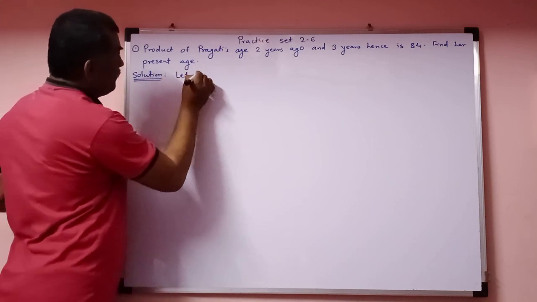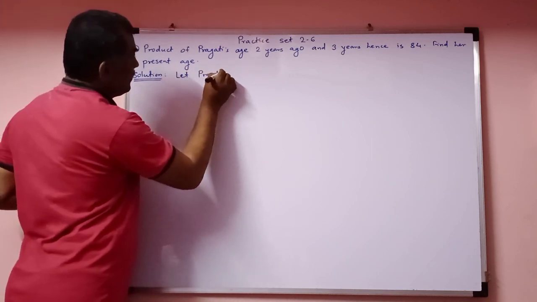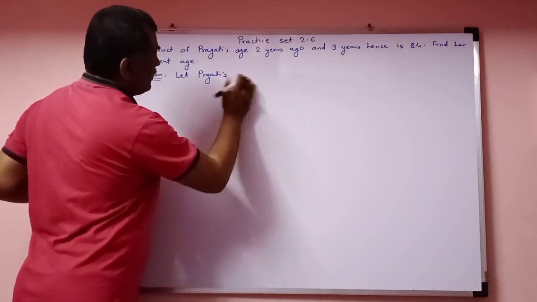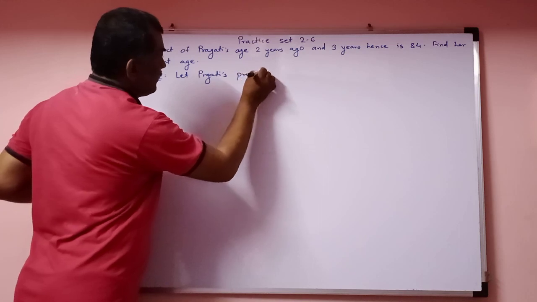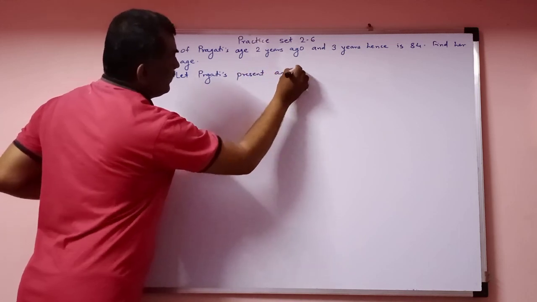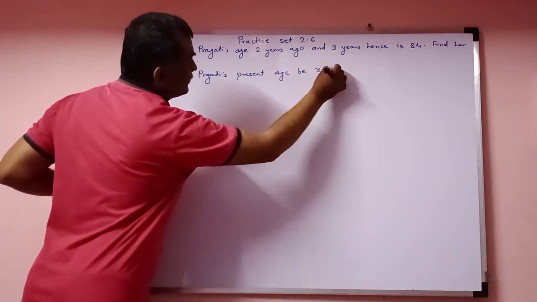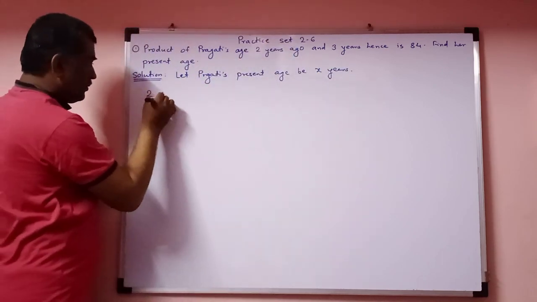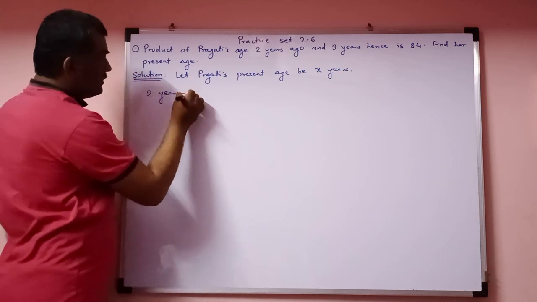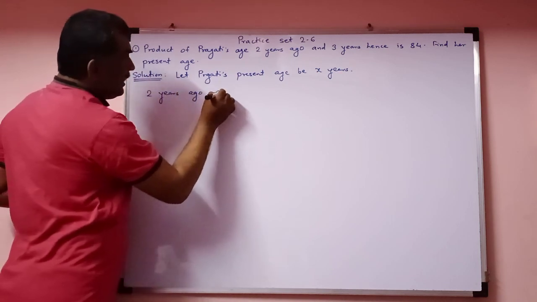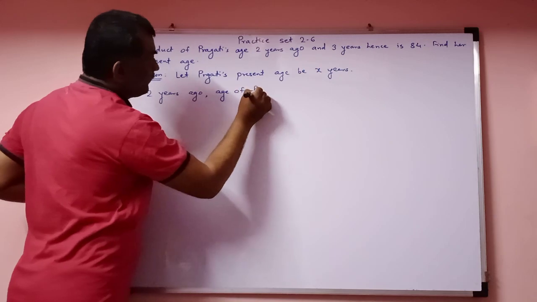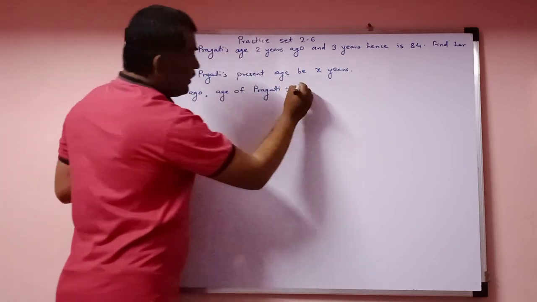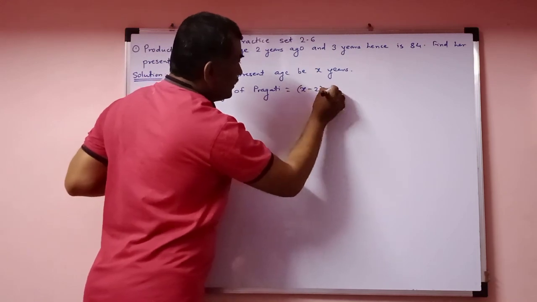Let Pragati's present age be x years. 2 years ago age of Pragati is equal to x minus 2 years.